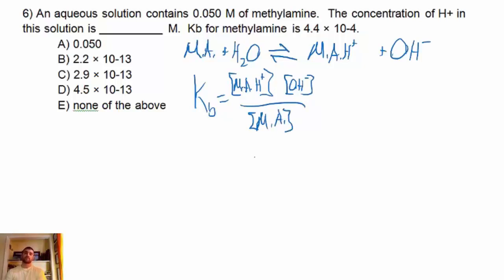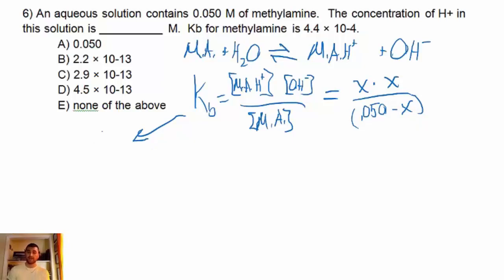All right, well, I'm going to quickly skip the ICE box step and just go, all right, I know I'm going to make X amount of conjugate acid and X amount of OH minus, and it's all going to be over the amount that I started with minus the amount that got used up. So now I'm going to combine like terms, distribute. I'm going to get it into the ax squared plus bx plus c format, which is just some algebra, right?